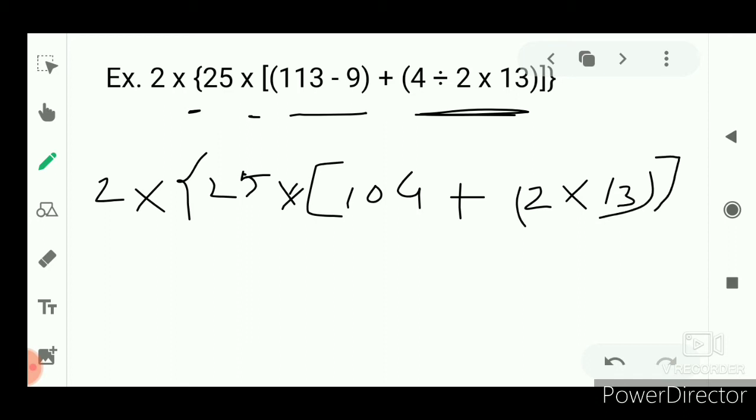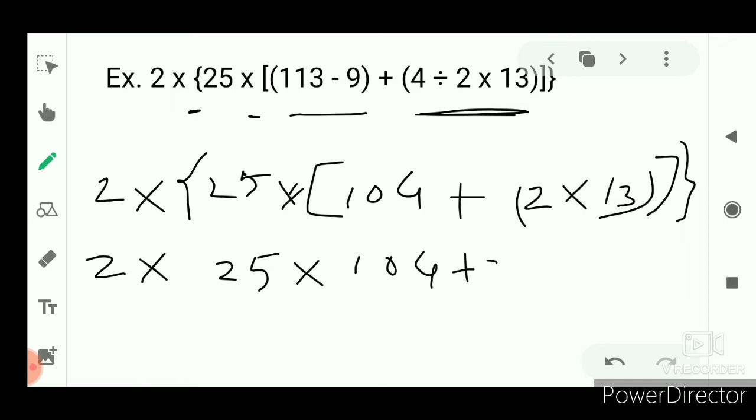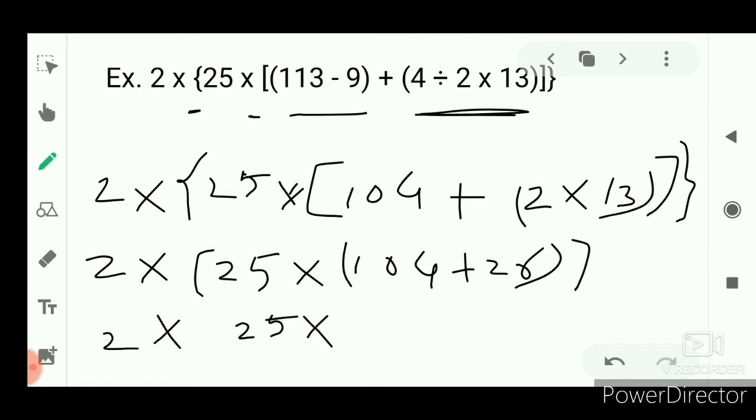Okay, so 2 into 25 into 104 plus 26. Now it will give 2 into 25 into 104 plus 26 will give 130.